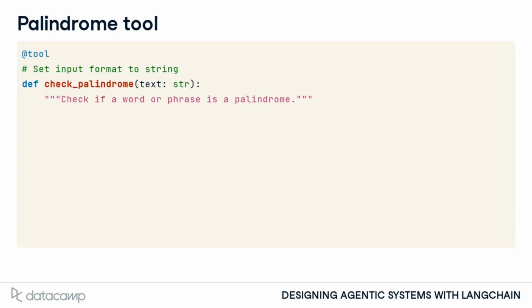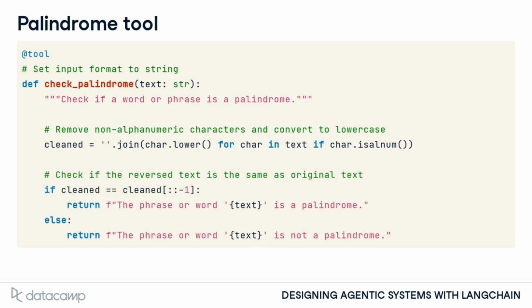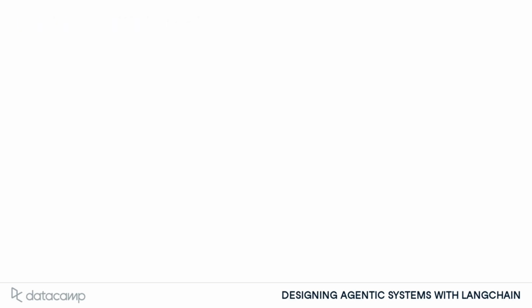We'll clean our text using isAlNum to remove any non-alphanumeric characters and use lower to turn the remaining characters into lowercase, saving the result as a variable called cleaned. Next, we set up an if-else statement that checks if the reversed version of cleaned is identical to the original, returning the appropriate response.